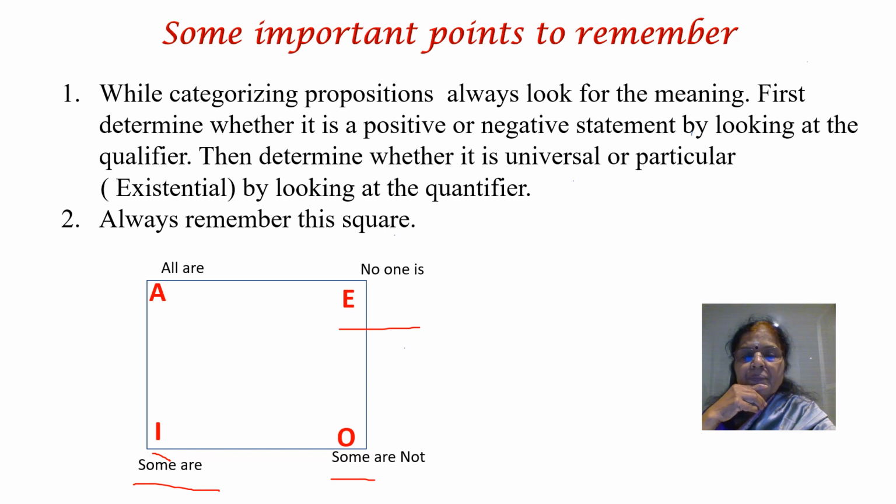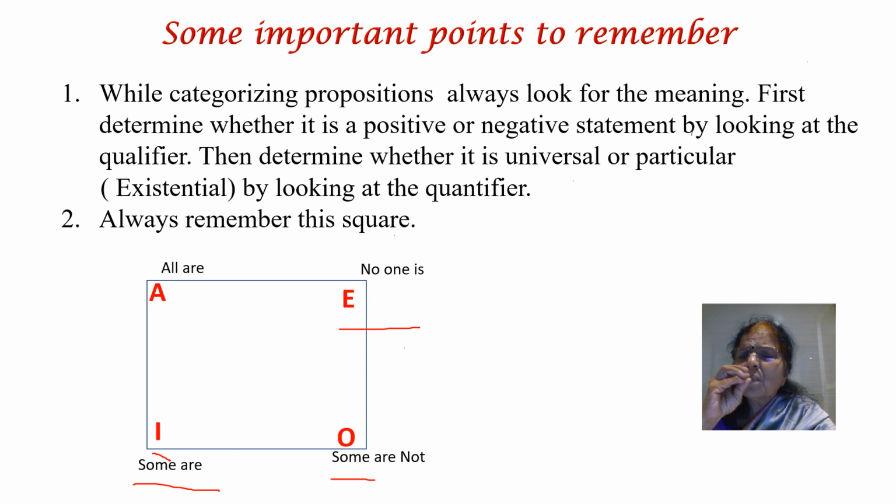And also, all students are not clever. All that glitters are not gold. So you may immediately think they are universal negative E, but it is O. Why? Because all that glitters are not gold means not all that glitters are gold.